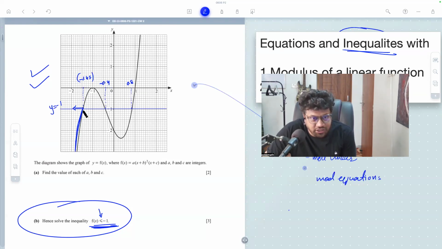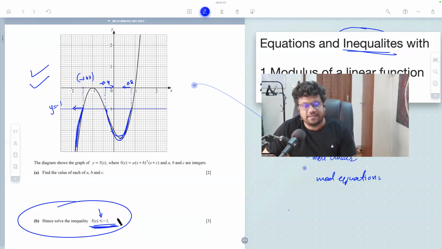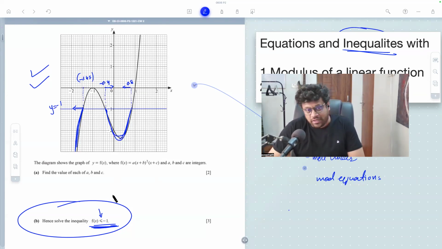So this is the portion for which f(x) is below minus 1. Look at this one. If I go to the right of negative 0.4 and to the left of 0.8, there it is. This is the region where f(x) is lesser than minus 1. So my answer to this inequality would be x lesser than negative 1.45 and x lying between negative 0.4 and 0.8.